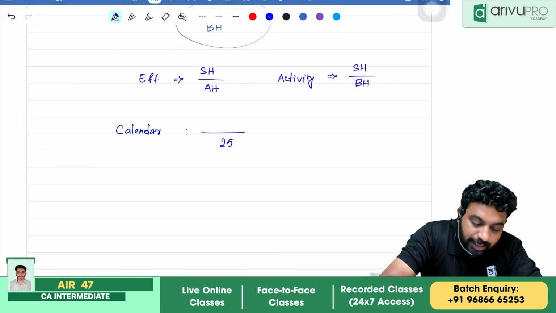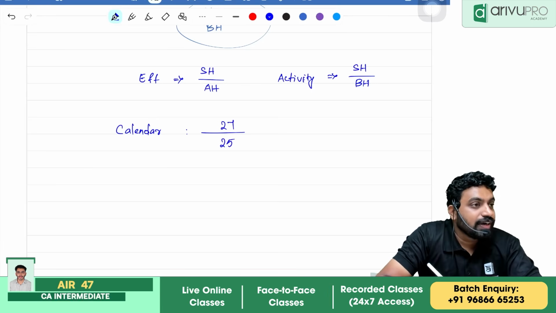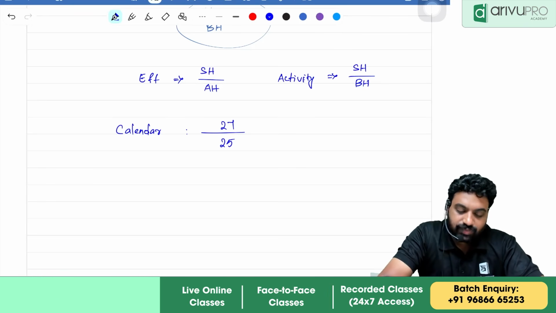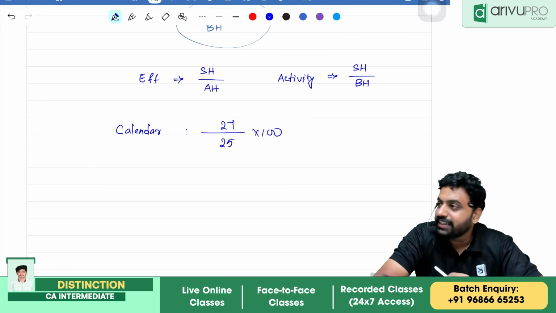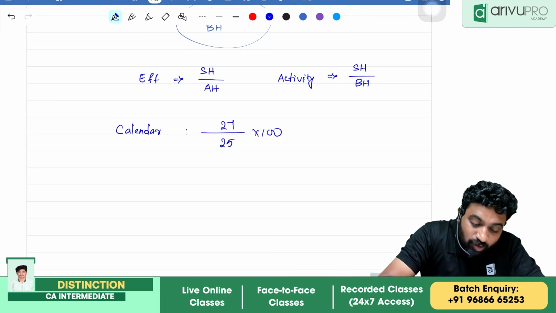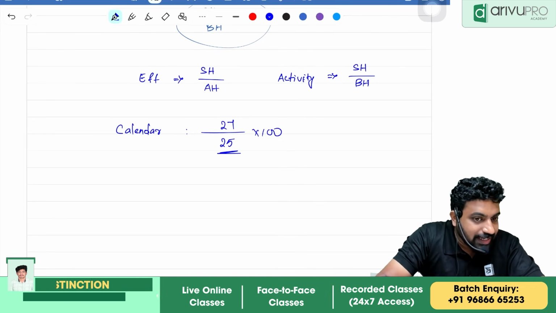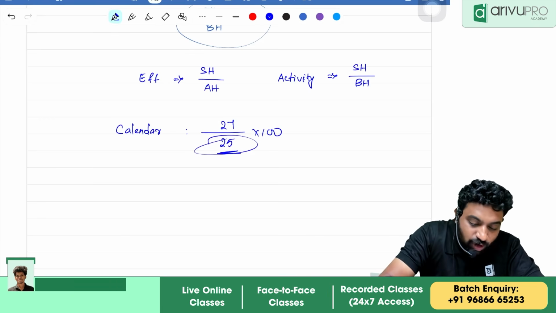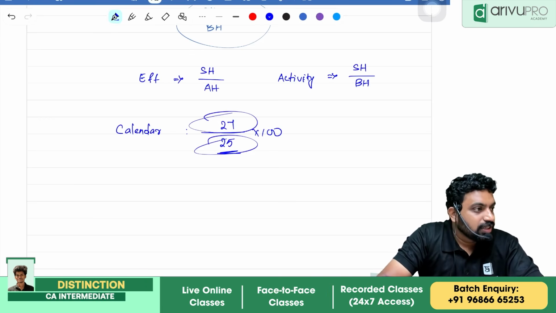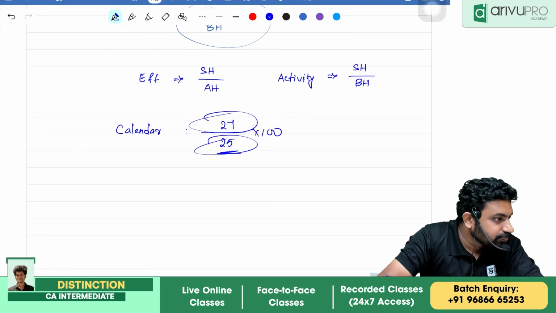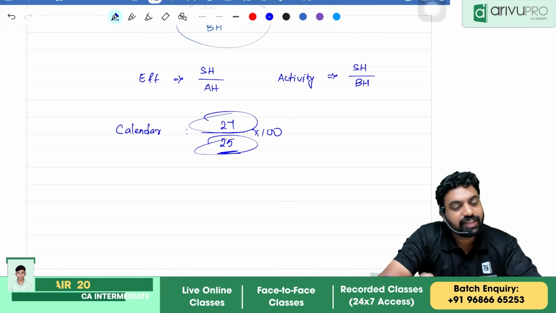But in that particular period, we worked for 27 days. This itself is the calendar ratio. That is, days available to work divided by budgeted days will give you the calendar ratio.